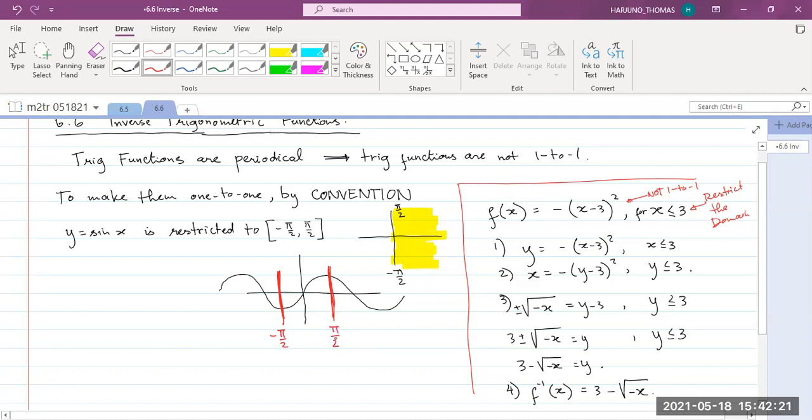Notice that in this window, sine is one-to-one. So our mathematical predecessors needed to choose which window to use such that we have a one-to-one function for sine x. Of course, they have a lot of options, but they decided to use this window.